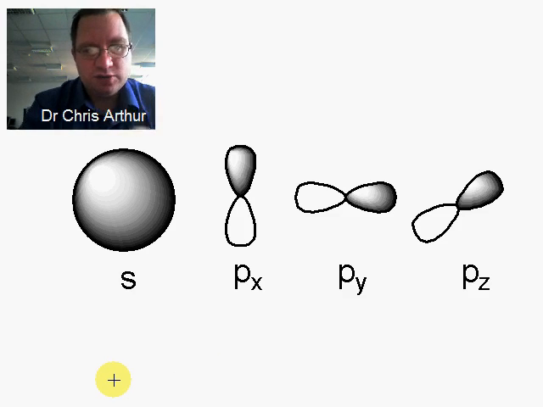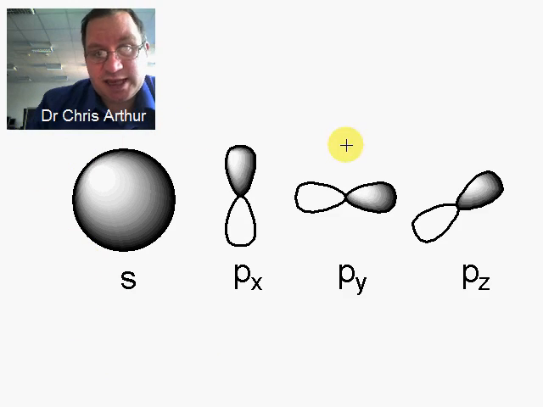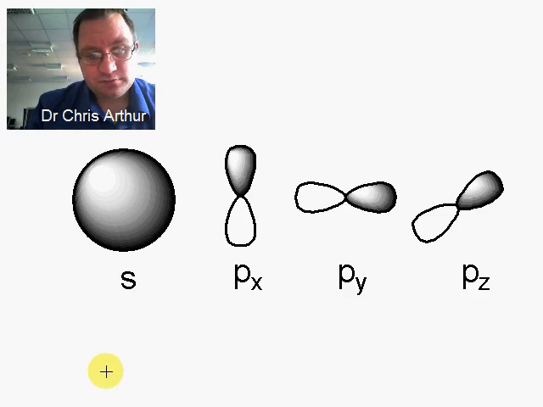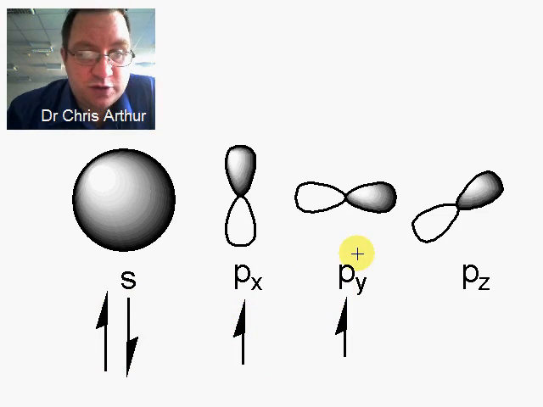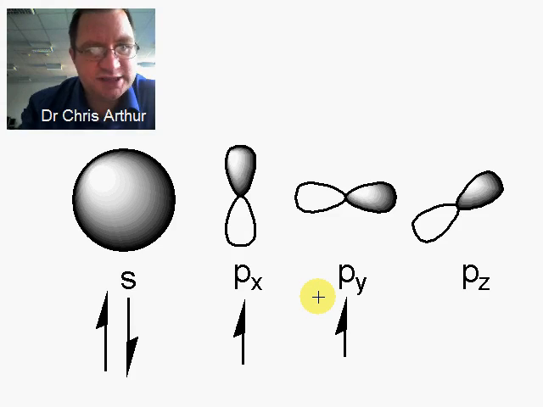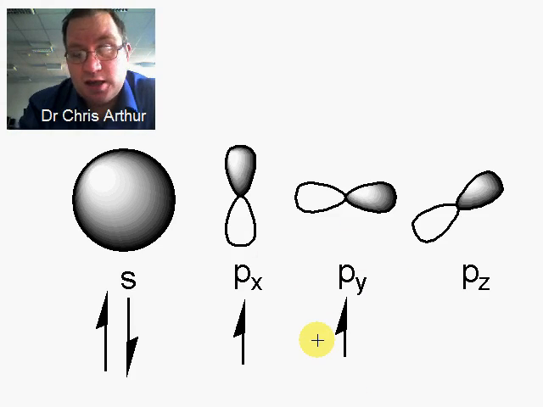And then we come along to our second shell of electrons, and we put 2 electrons into our s shell, and we put 1 electron into 2 of the p orbitals. I've put it into the px and py, but these are all the same energy, so it doesn't matter which orbitals these electrons are in. And I said we filled up these electrons like this.